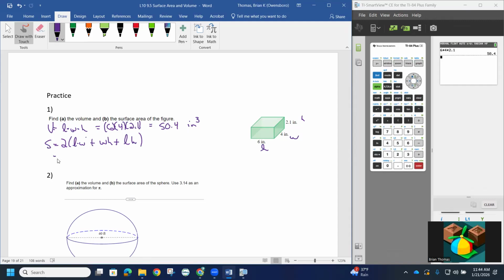Now, the surface area looks a little more complicated. So we have 2, and then we just substitute length times width in. So that's 6 times 4. I'm going to use dots here. Plus the width and the height, 4 times 2.1. So make a big fat dot, so I can tell that's multiplication. Plus length times height is 6 times 2.1.